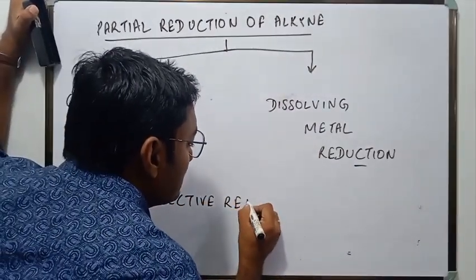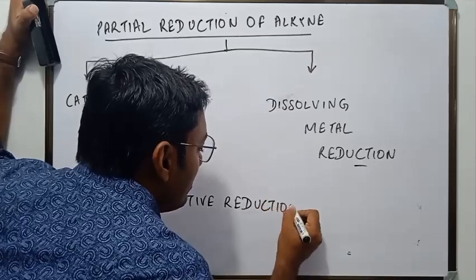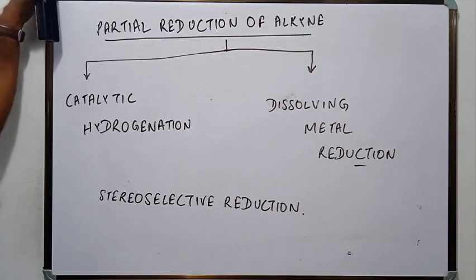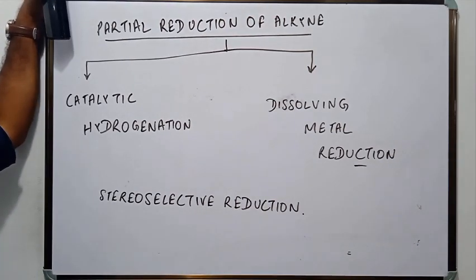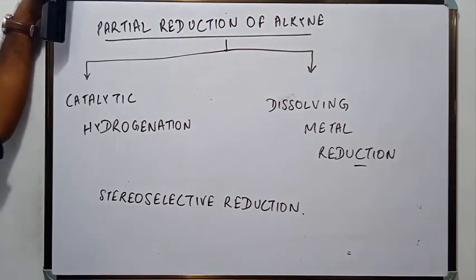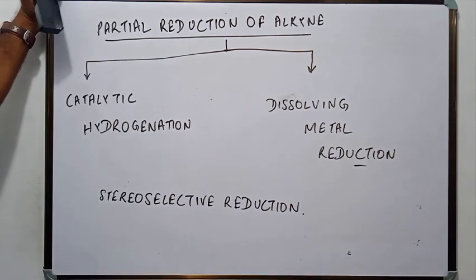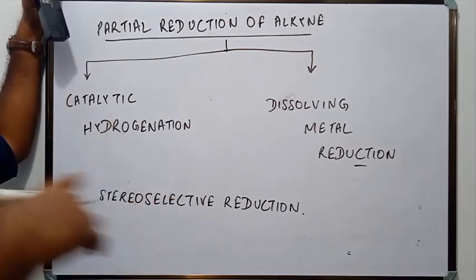Why is it called stereoselective reduction? Stereoselective reduction is a reduction in which one isomer predominates or overweighs the other isomer. I repeat, stereoselective reduction is a reduction in which one isomer predominates or overweighs the other isomer.